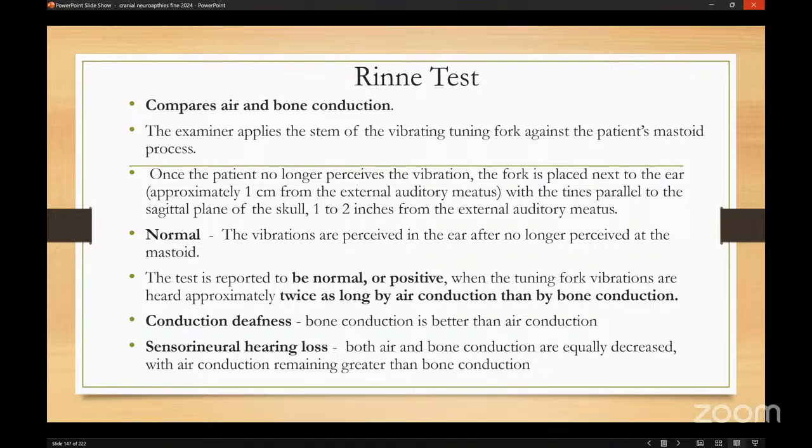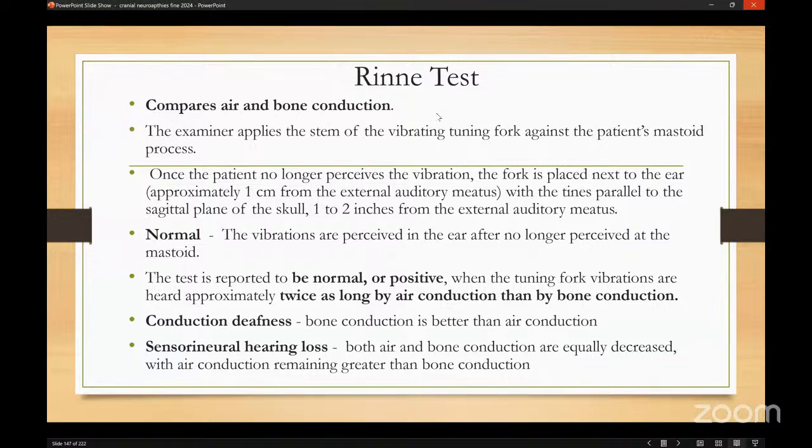If vibrations are no longer perceived on this side, then what is it? Can anybody tell? If somebody has stopped hearing the vibrations at the mastoid and continues to hear them in front of the ear, then air conduction is better than bone conduction.